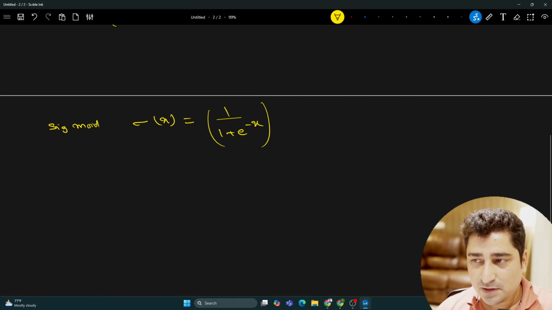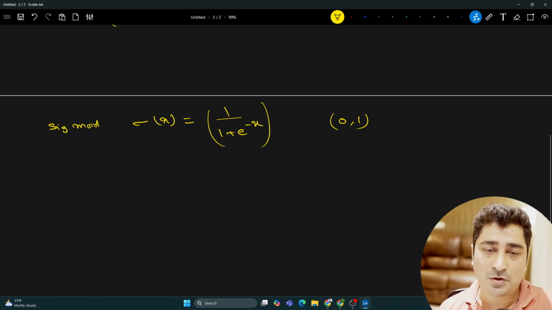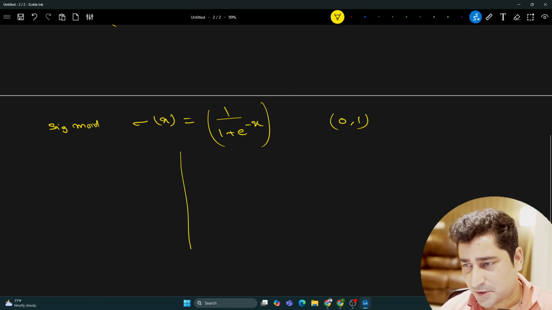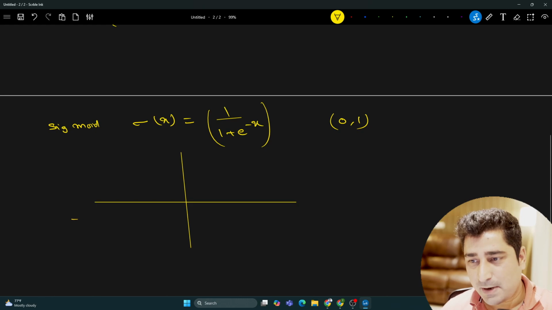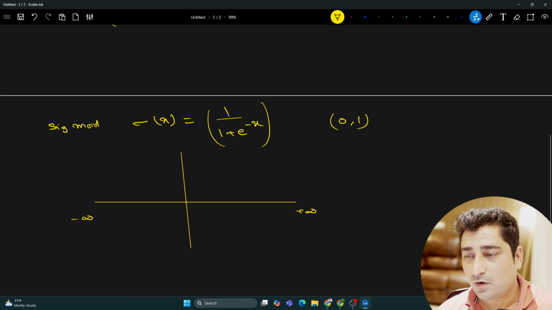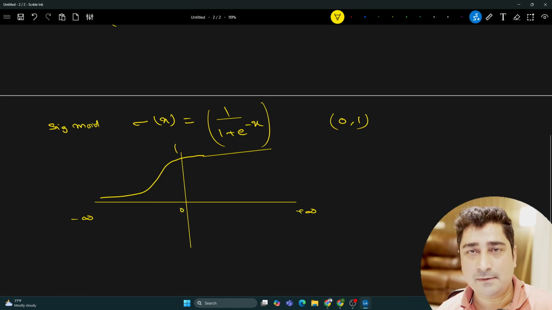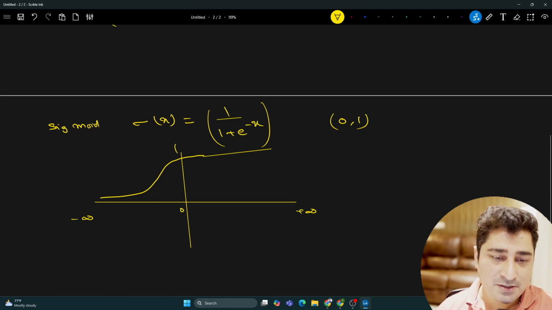The output range for this particular function is always going to be between 0 and 1. No matter what input you give, at the end of the day you will receive an output between 0 and 1. If I plot it on a graph, any input, meaning minus infinity to plus infinity, any x value we give, it will always yield a result between 0 and 1. This is what the sigmoid function does.